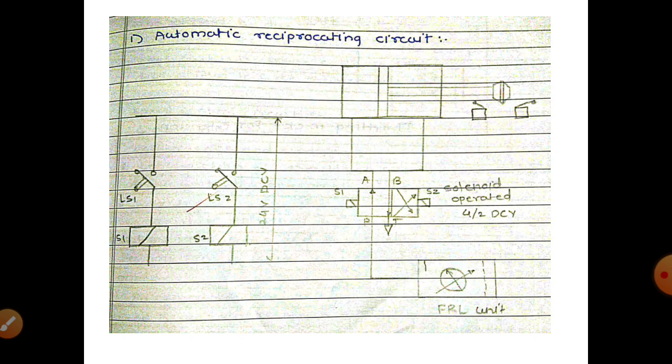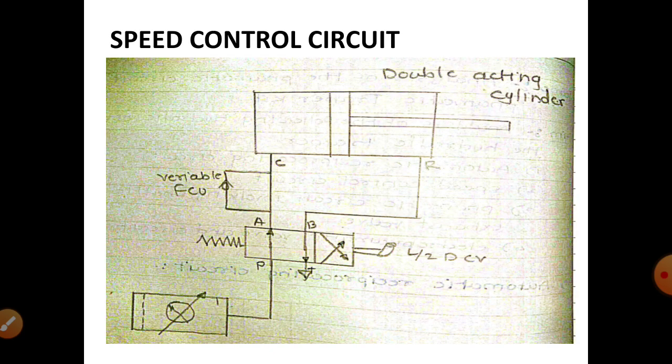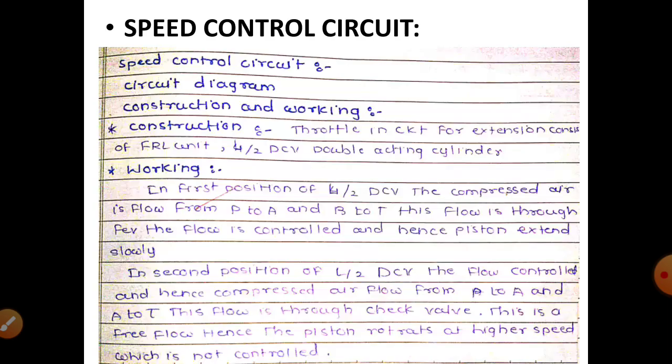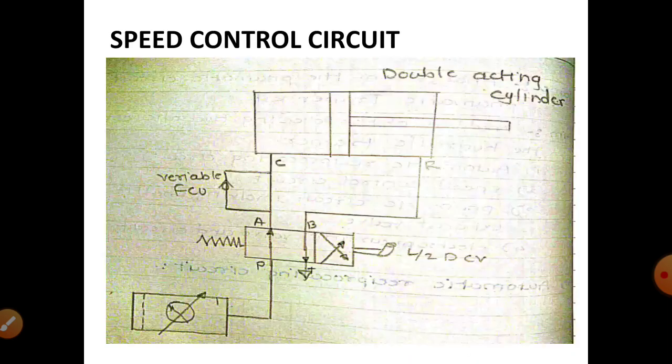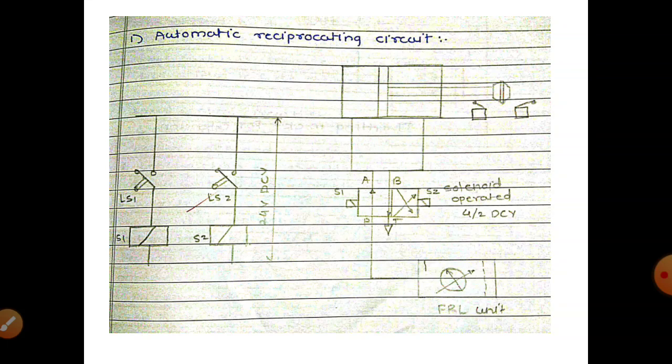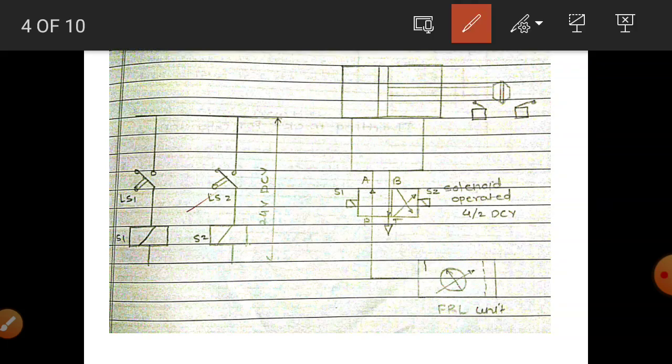So this is the circuit diagram of the automatic reciprocating circuit. Let us discuss the components. The basic component is the FRL unit, filter regulator lubricator. Next is the 4x2 directional control valve.